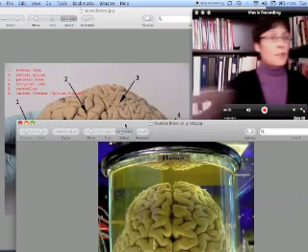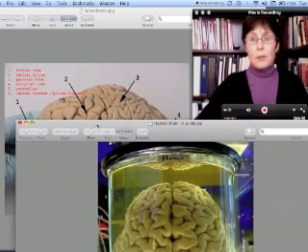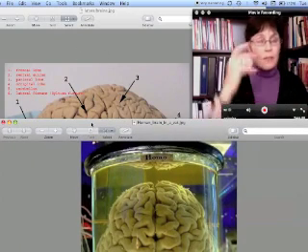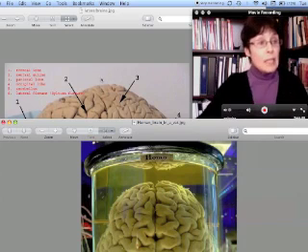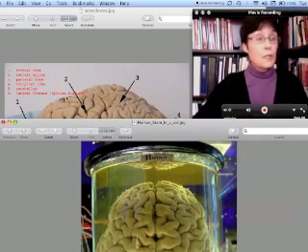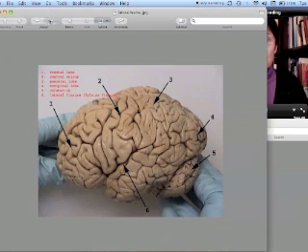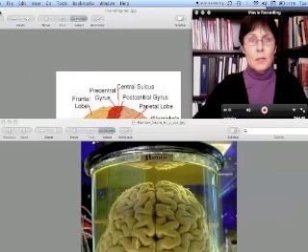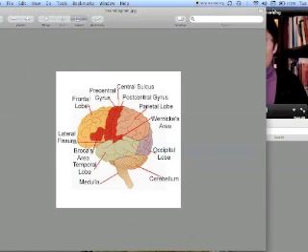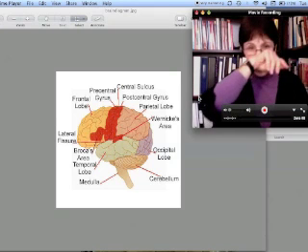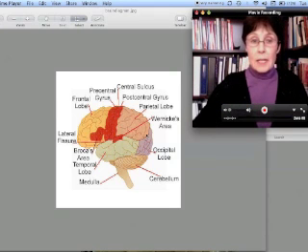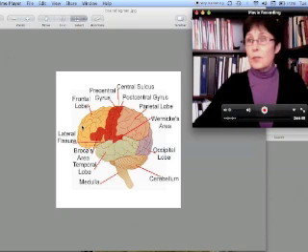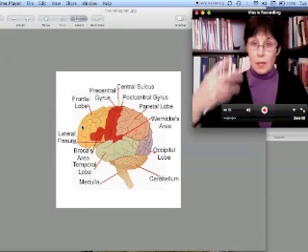The substructures of the cerebral cortex in each hemisphere are called lobes, and each hemisphere has 4 lobes. Here's a diagram of this. We're looking at the left side of the brain here. We have the frontal lobe here, which is where the functions of planning, prediction, speech, and discrete movements of the body are situated.